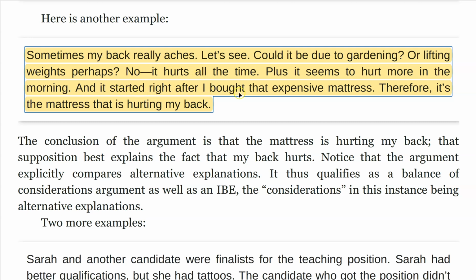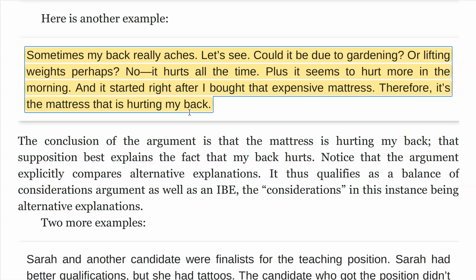But we then add in, you know, it started right after I bought this expensive mattress. Okay, so that kind of goes against the pinched a nerve hypothesis. And we can reasonably come to the conclusion that the mattress is hurting my back. Right? It doesn't really have a little bit of both style argument. It's just a balance of considerations, right?